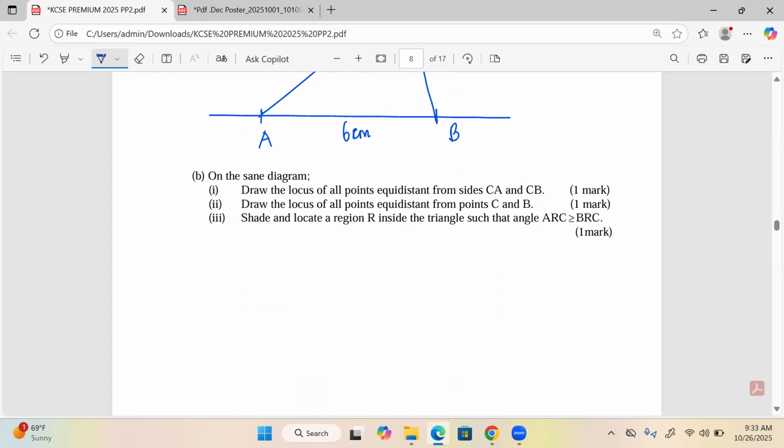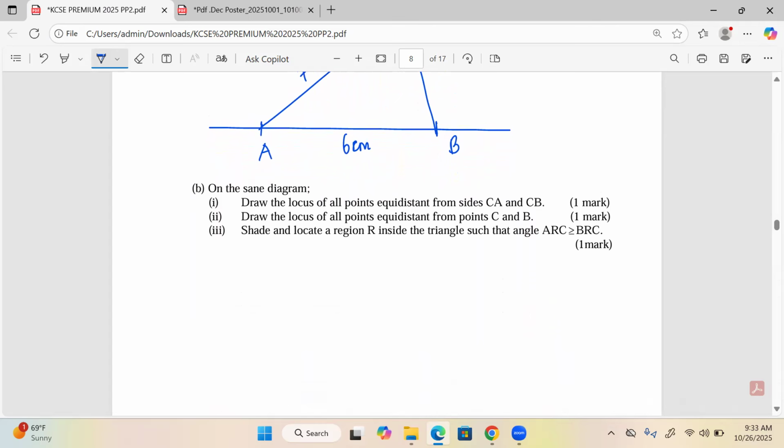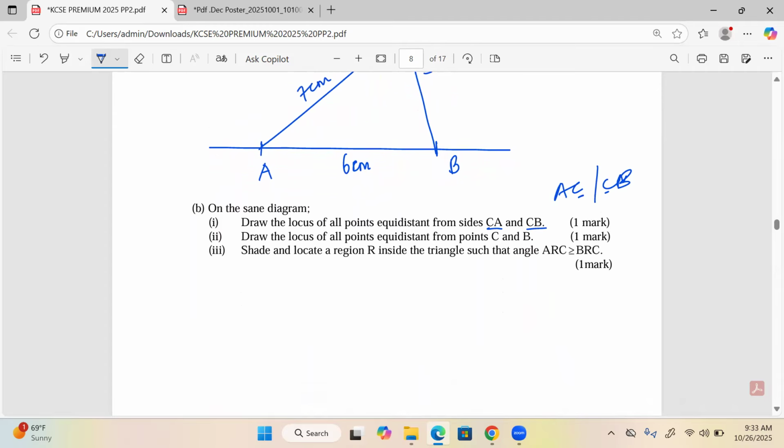Now look at part B. On the same diagram, draw the locus of all points equidistant from CA and CB. Now, locus of points equidistant from two lines means that you identify where the lines are meeting, AC and CB. These lines should meet at C. Now, the angle at C should be bisected.